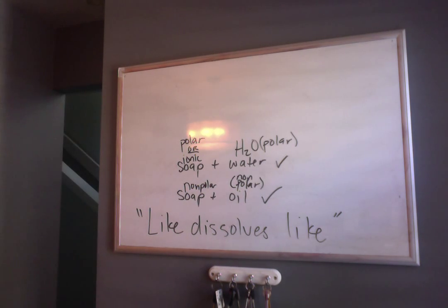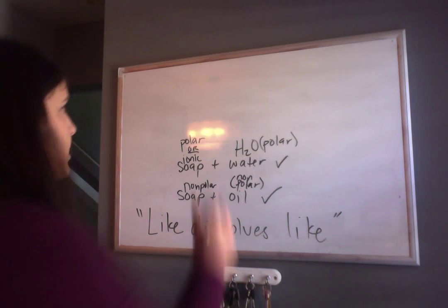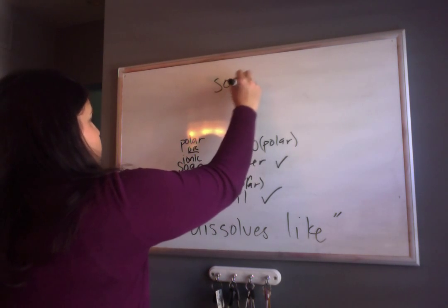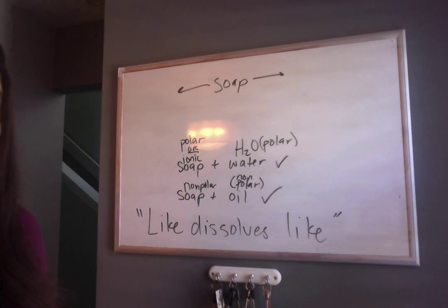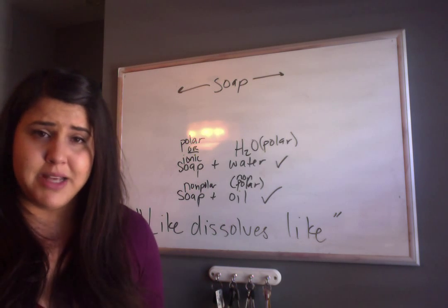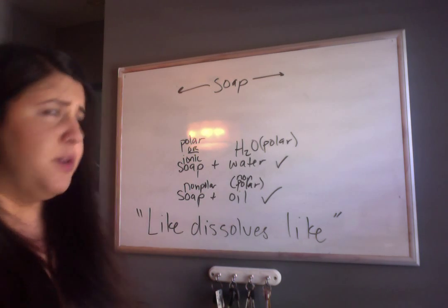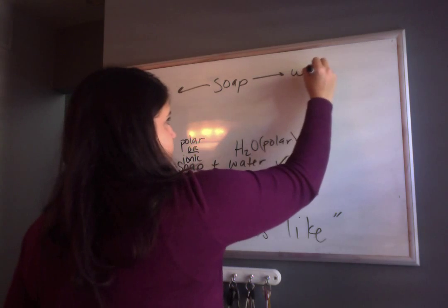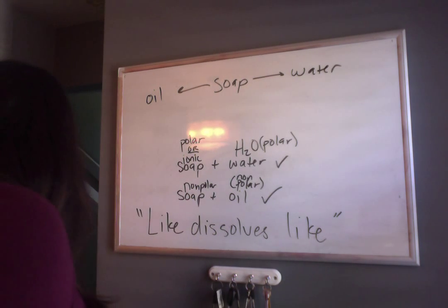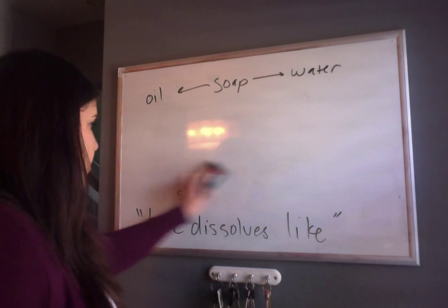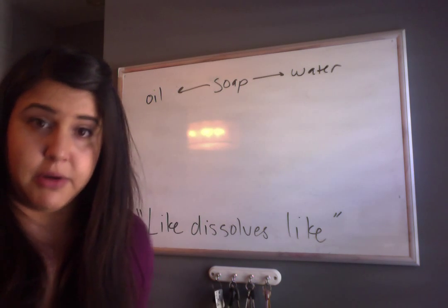So if we think about that, how is that possible? We know that we use soap to clean, either in water or to clean off grease, so it must be mixable with both water and oil. So the fun part about soap is that soap is actually both.